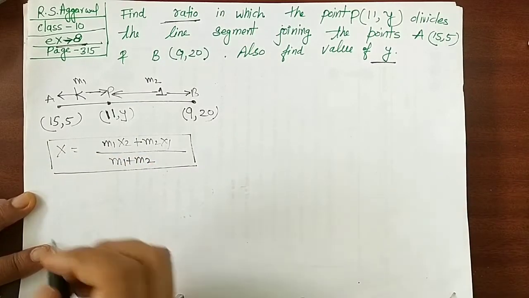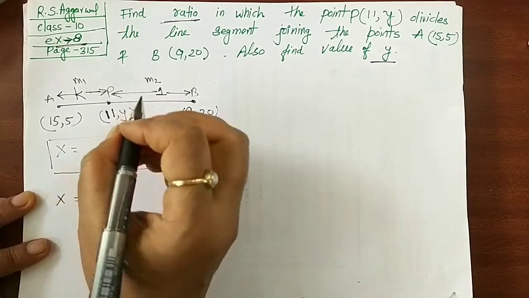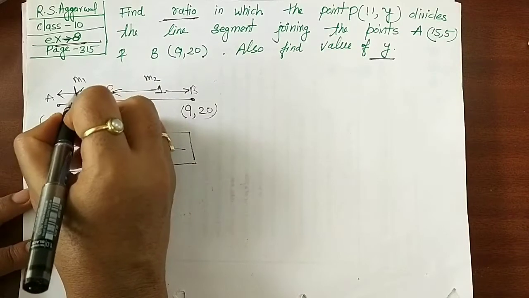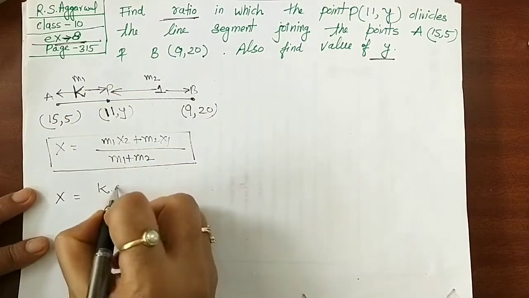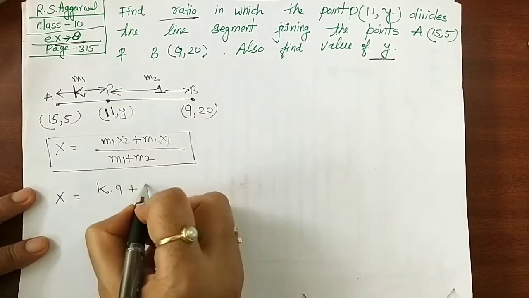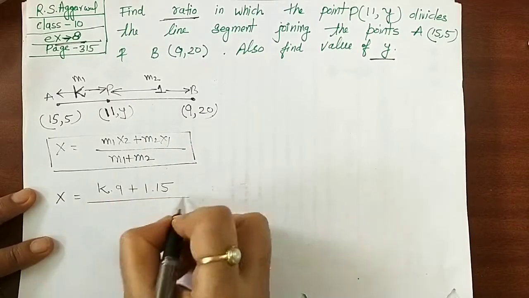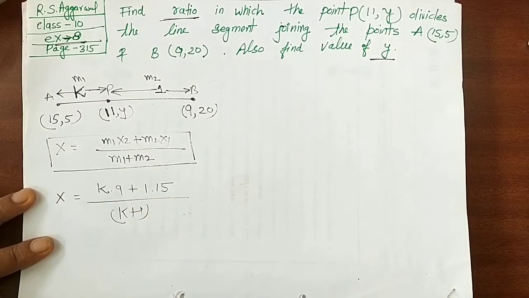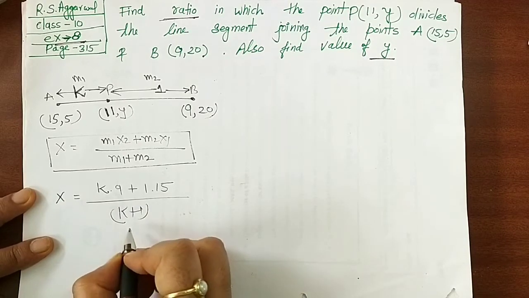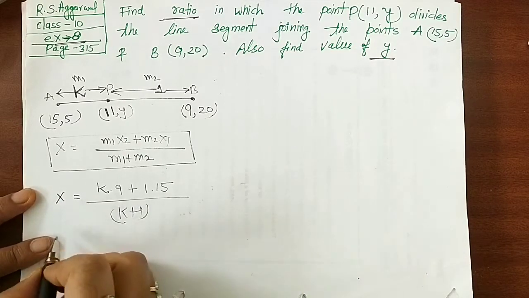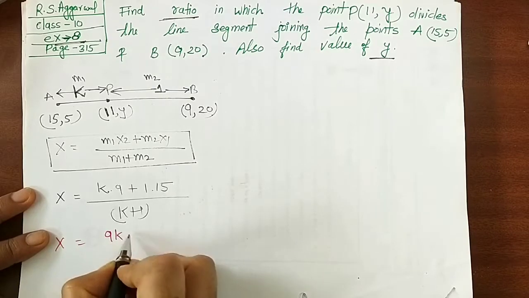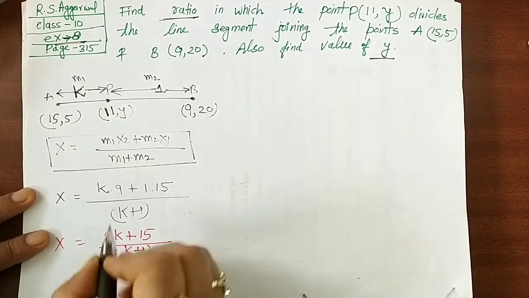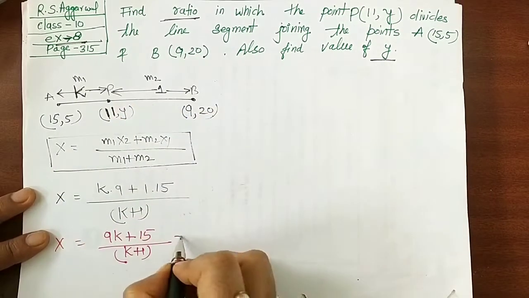So what will I get? x is equal to m1 x2, which is k, since my ratio is k, into 9, plus m2 which is 1, into 15, by k plus 1, because m1 plus m2 is k plus 1. So x will be (9k plus 15) by (k plus 1). But x is given, which is 11.